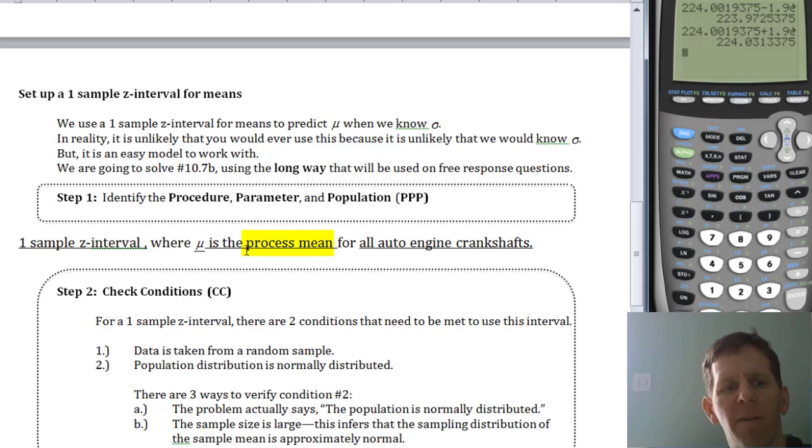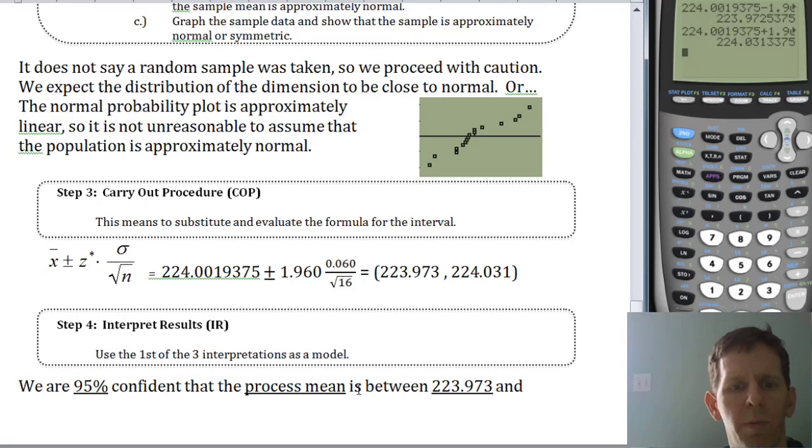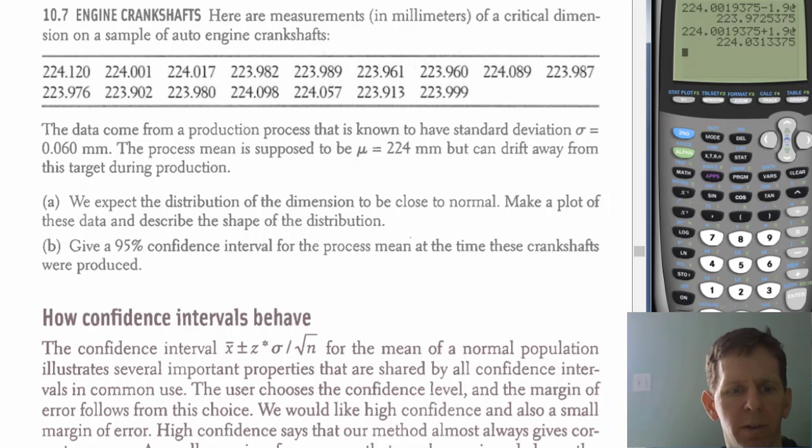We're 95% confident that the process mean, and if you want to say for all automobile crankshafts, you can do that, is between the 2 numbers that you got, 223.973 and 224.031. If there's units in the problem, it's good to include those as well. In our problem, the units are millimeters.